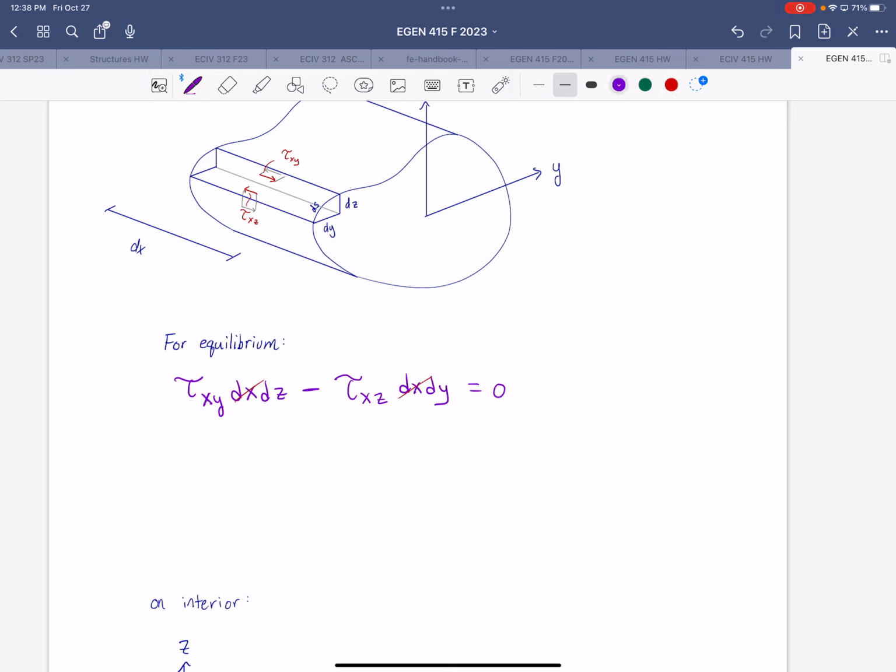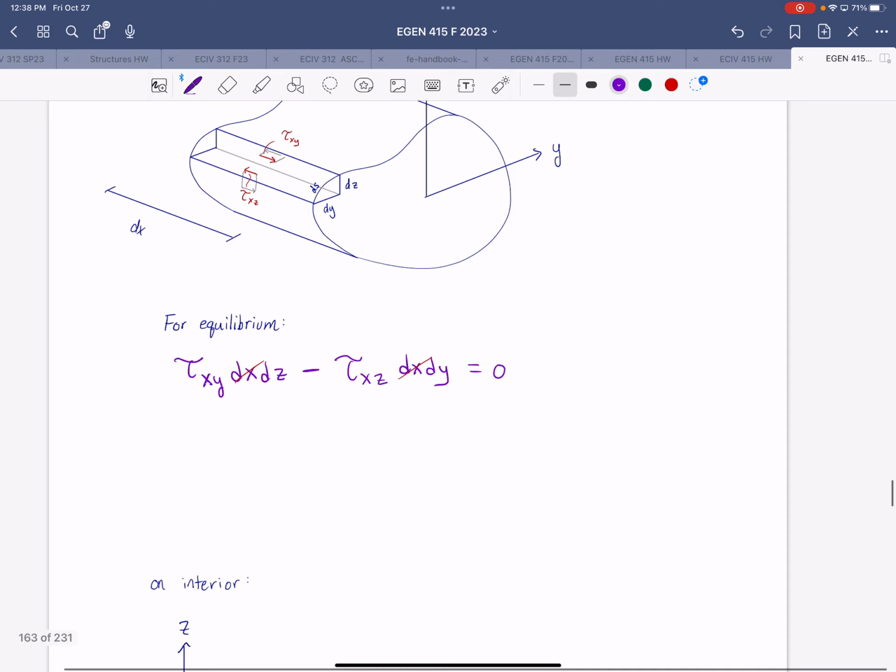And then if we define the change in the circumference, ds, bring that into the picture, and divide all sides by ds, we have tau xy times dz over ds minus tau xz times dy over ds is equal to 0.